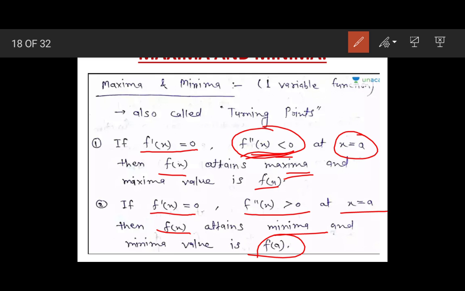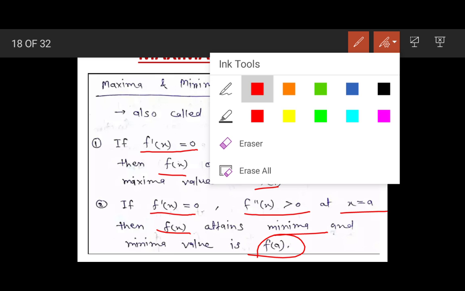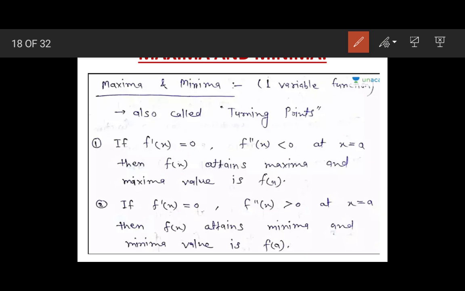So for maximum value and minimum value, we first have to find the first order derivative and second order derivative. Then we have to check the condition. If f double dash x is less than 0, then we get a maxima. And if f double dash x is greater than 0, means second order derivative is positive, then we get a minima, or minimum value.